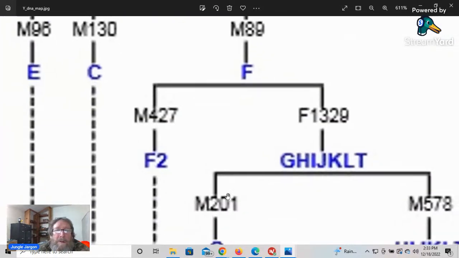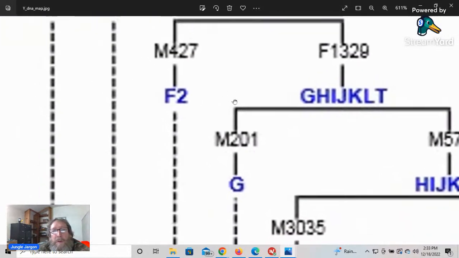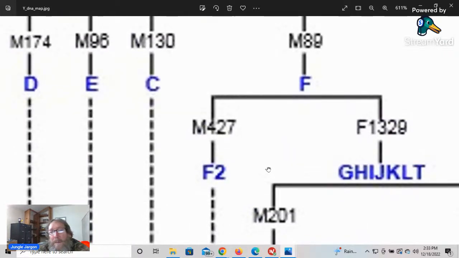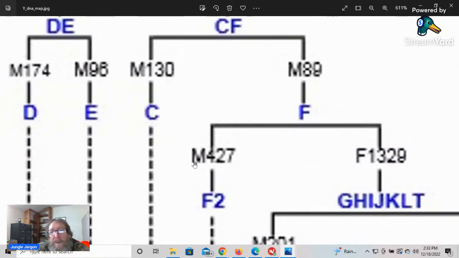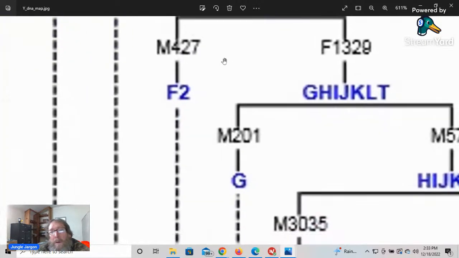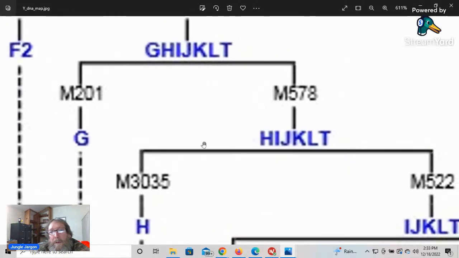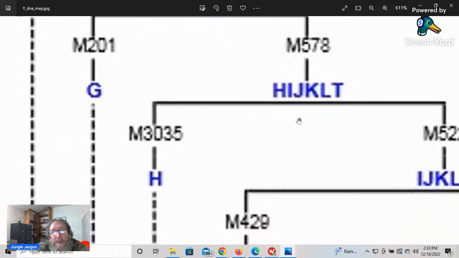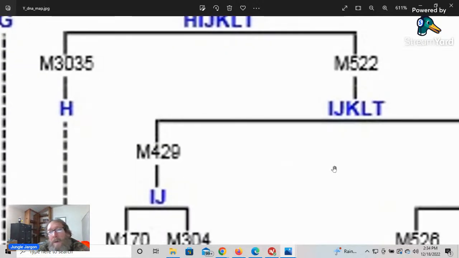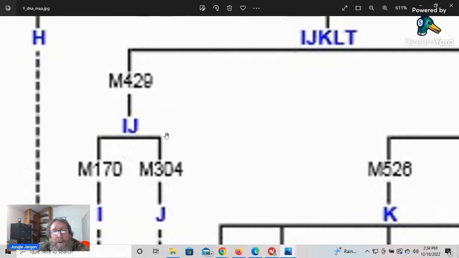But these other markers here, of course, are markers that are being gained. For example, this F2 is unique to F2. This M201 is unique to G, which would be Assyria. This M3035 is unique to H, and on and on.